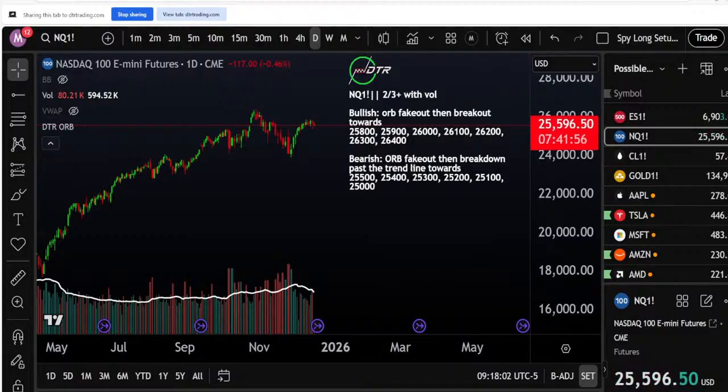Other thing here, just to mention very quickly, I think this was a great feature request by someone. In the performance analysis page, when you are in an eval account or a funded account, you can now set the date which your funded account or your eval account started. So if you started your evaluation on Monday, set that as your date, and then all the analysis that you're getting from that tab will be specific to the trades that you took in your funded account or eval account.